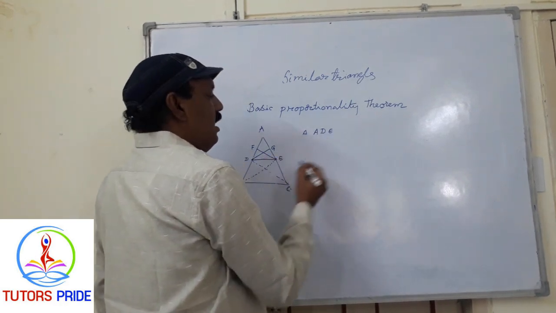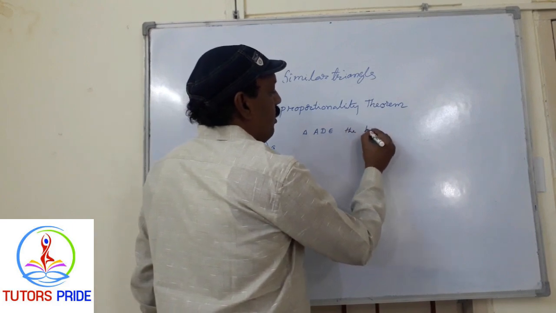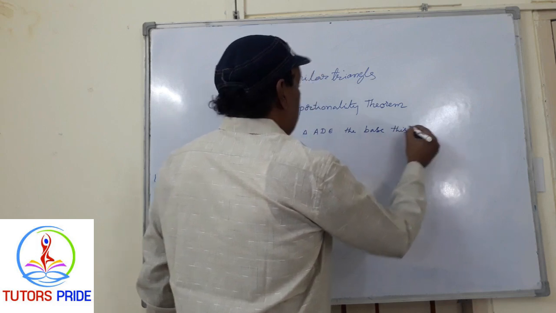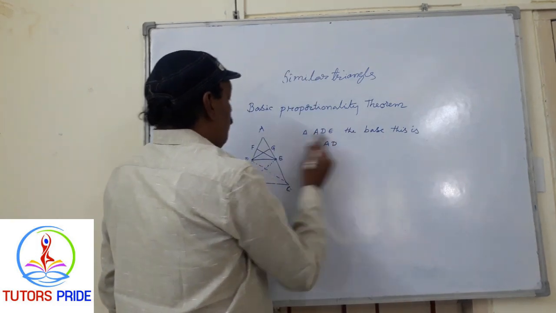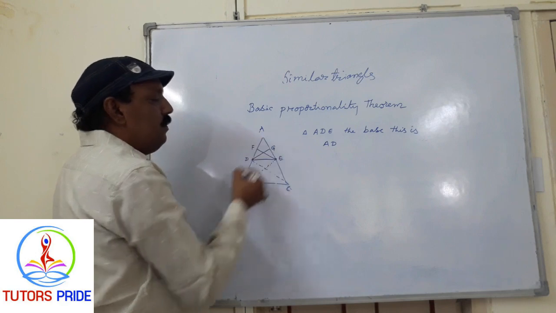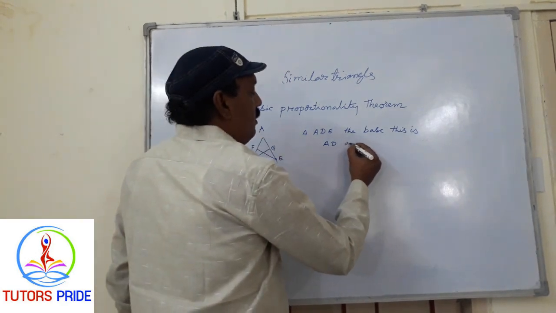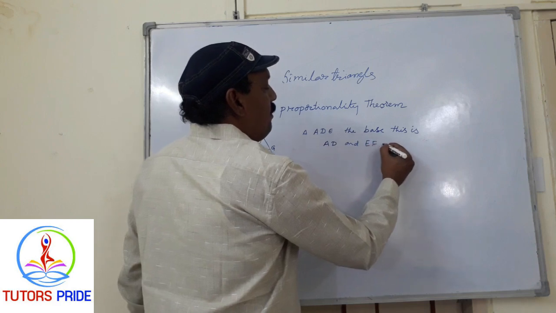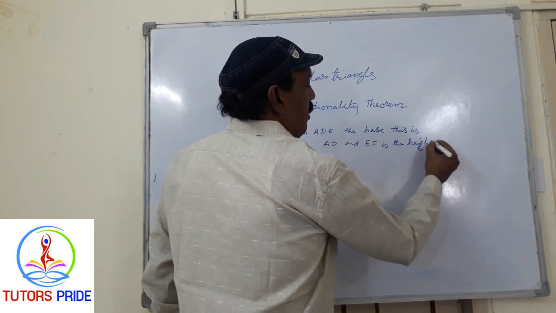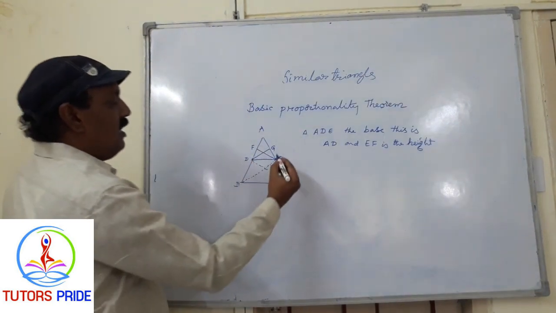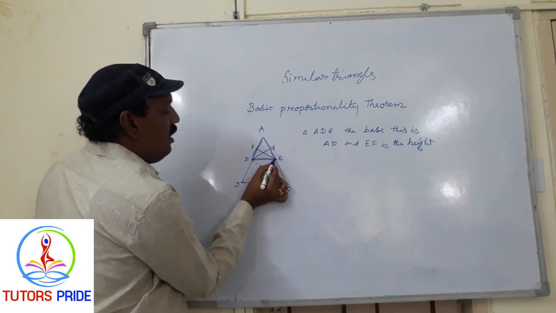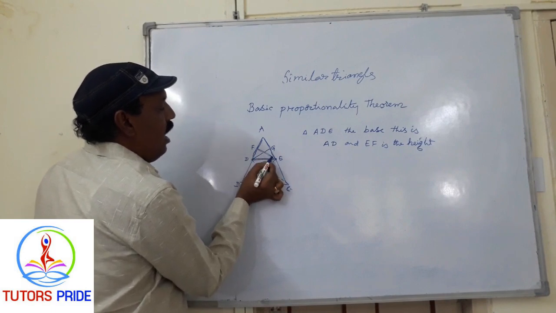In this triangle ADE, the base of the triangle is AD. Don't think that the base in ADE is DE. The base is AD, and EF is the height. Which triangle have we taken now? ADE. In this triangle, this one, EF is the height.